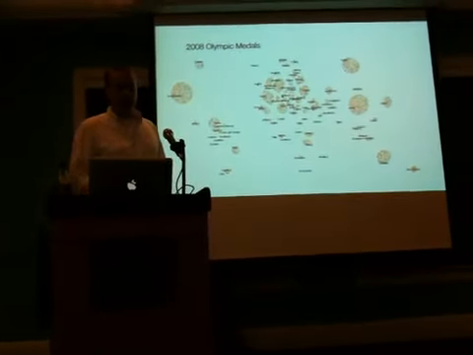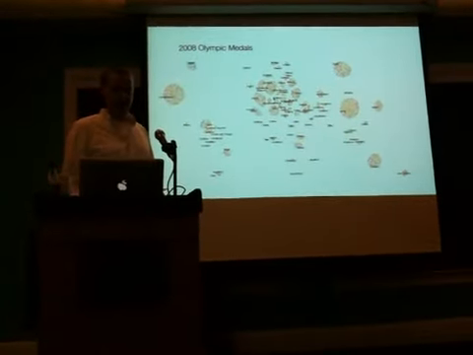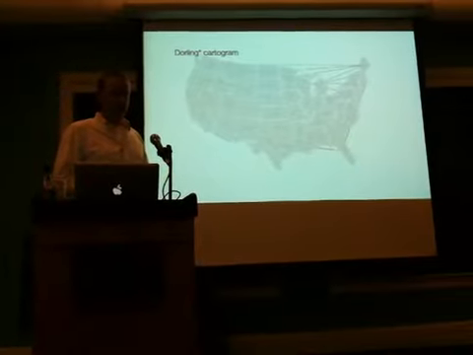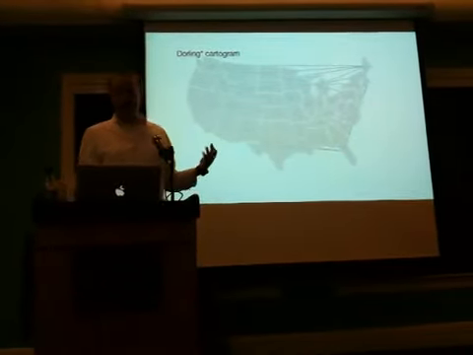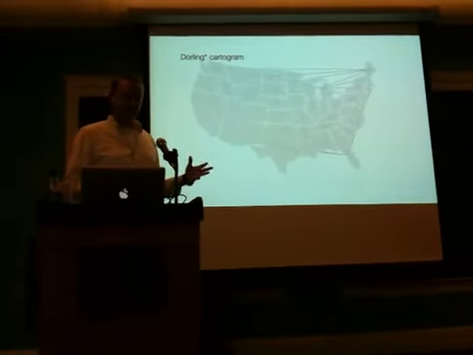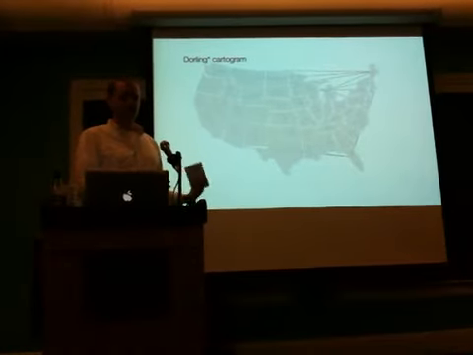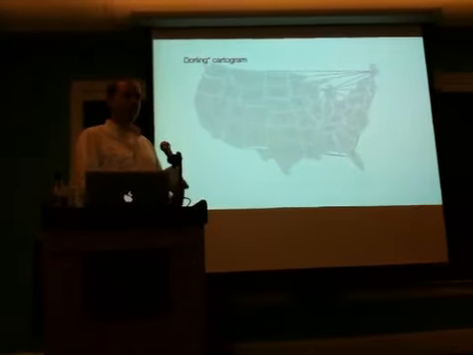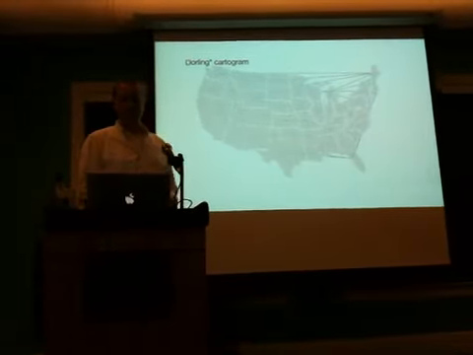A better approach for this sort of thing, and closer to what the New York Times used, is called a Dorling cartogram. This is not quite a Dorling cartogram because all of the states here are exactly the same size as they are normally. They're just showing a value of 1, essentially. But the idea behind a Dorling cartogram is that you take all of the different geographic areas and distort them to the data that you want to show, for example, the number of Olympic medals.